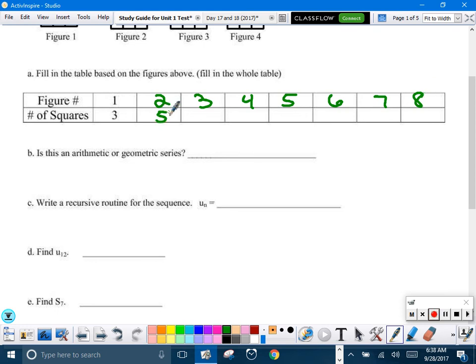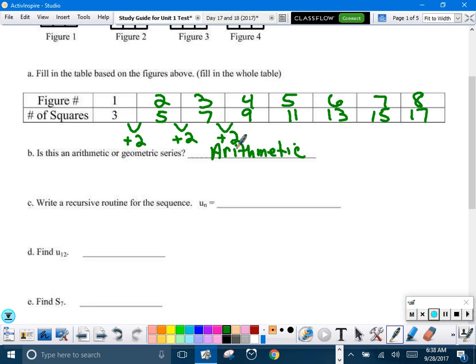So 5, 7, 9, 11, 13, 15, 17. So we notice the pattern is going up 2. Okay, so this is an arithmetic series.